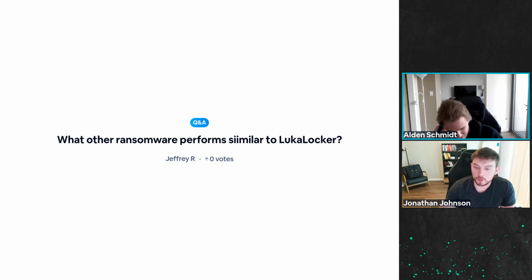I'm terrible at knowing the names of ransomware variants, but I will say I have reversed some ransomware recently, and there are just common trends with all of them, to be honest with you. To say one for one is hard, but how they operate, what they try to do to operate, is all very similar. So I've definitely seen some probably in the past month that have been very similar to LukaLocker.